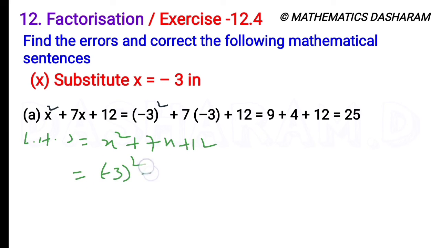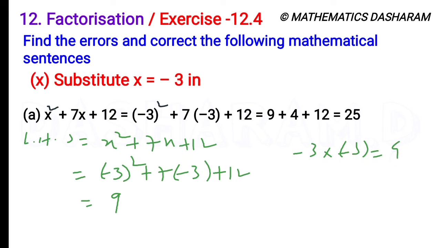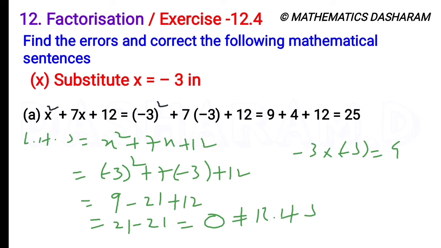So (minus 3) whole square plus 7 into minus 3 plus 12. (Minus 3) whole square is plus 9 because minus 3 into minus 3 it is equals to 9. 7 into minus 3 is minus 21 plus 12. First you add the positive numbers. 9 plus 12 is 21 minus 21. So it is equals to 0. But here he gave 25. So it is not equals to RHS.